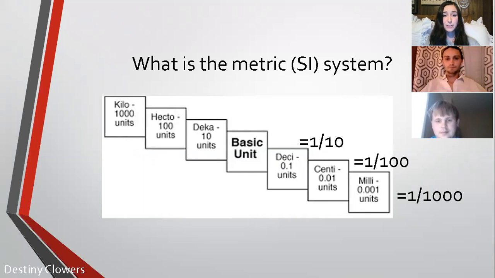Then it continues to go all the way up: a deca equals 10, hecto equals 100, and kilo equals 1,000. As you can see, each measurement goes up by the power of 10, and it keeps going on. That's what the metric system is, and everyone worldwide uses this system. Thank you for asking.